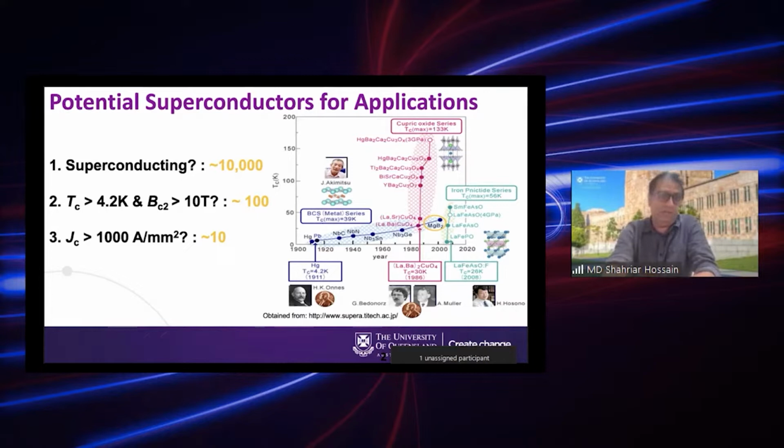If you really need a superconductor for real applications, you need a Jc of at least 1000 ampere per millimeter square, which is only a few, even less than 10. And these are all the materials discovered so far.